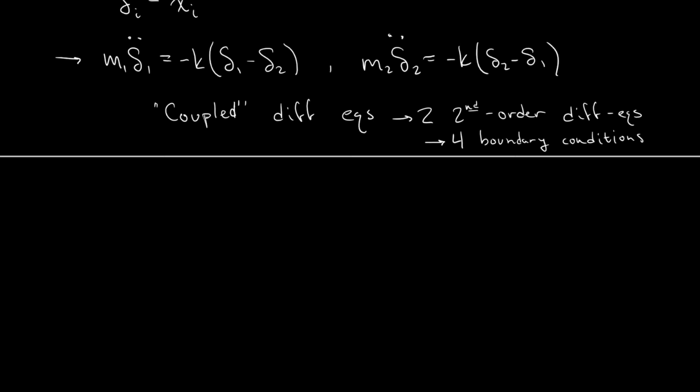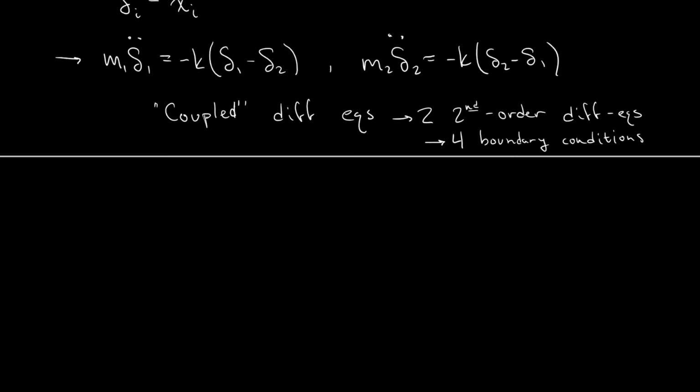Okay, so coupled system of equations. How do we deal with this? Well, instead of trying to brute force our way through this, let's just try to guess. That's actually a very valid way of solving differential equations. Just guess the answer, and see if you're right. In this particular case, we know that this is describing harmonic oscillators, which means that there should be some sort of oscillation, right?